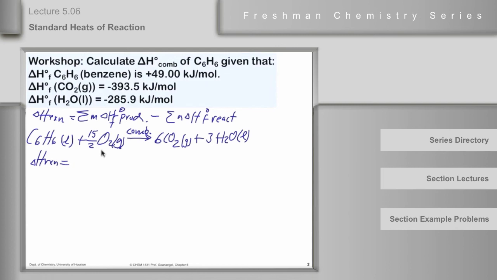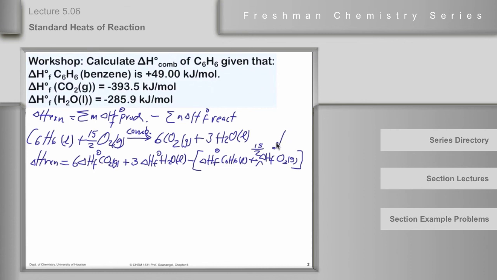So this is equal to 6 times the delta H of formation of CO2 gas plus 3 times the delta H of formation of H2O liquid, minus, I'll put this in brackets and put the whole thing in there, the delta H of formation of benzene plus, I'm sorry, this is 15 halves, the delta H of formation of dioxygen gas.